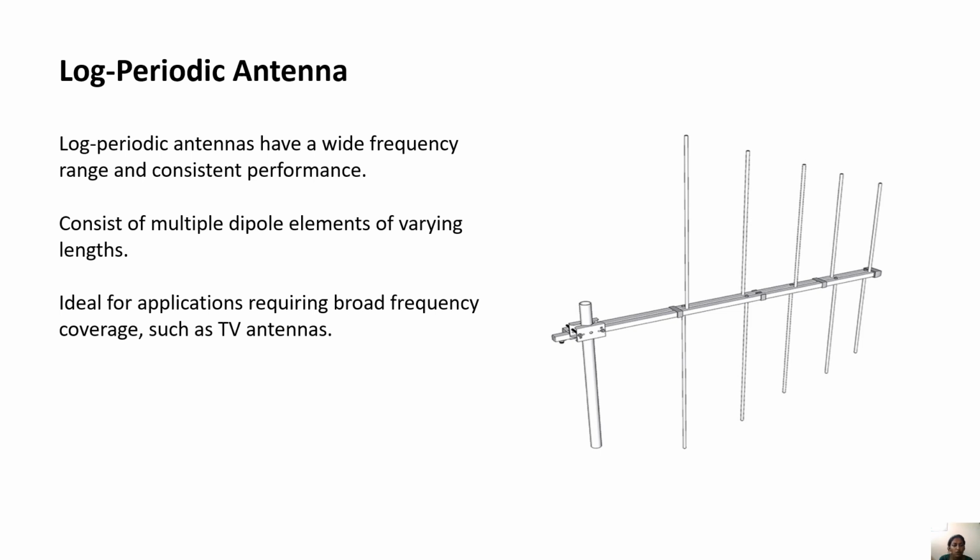This antenna is made up of a series of dipoles placed along the antenna axis at different space intervals, followed by a logarithmic function of frequencies. A log periodic antenna is used in a wide range of applications where variable bandwidth is required along with antenna gain and directivity. It is ideal for applications requiring broad frequency coverage such as TV antennas.